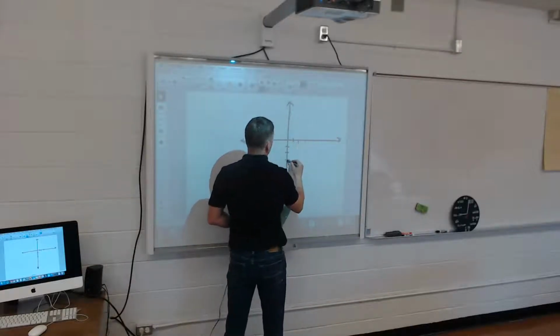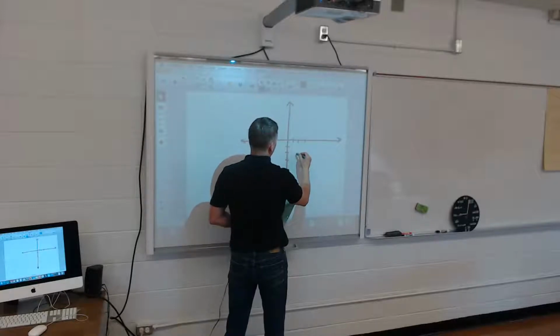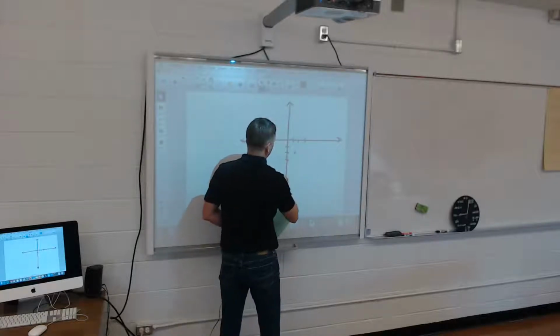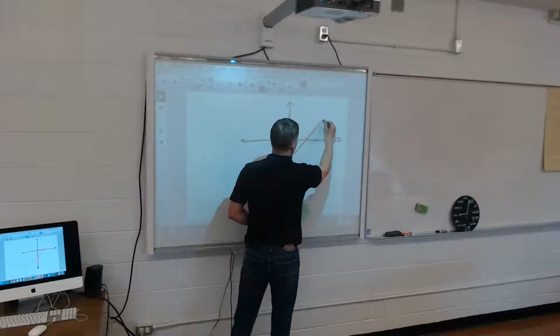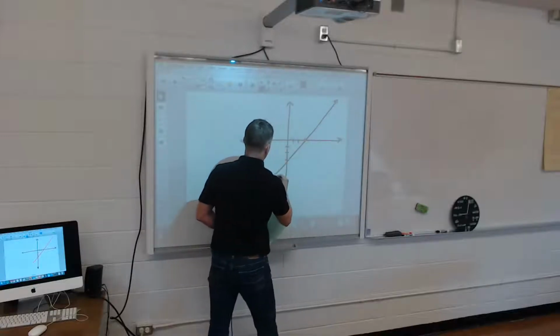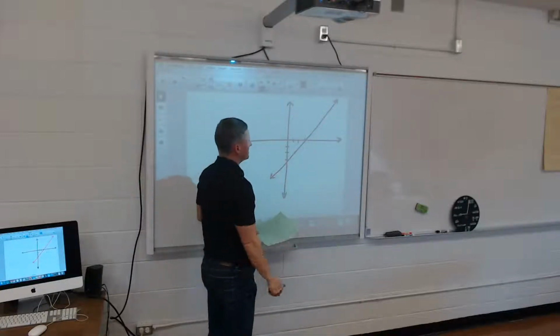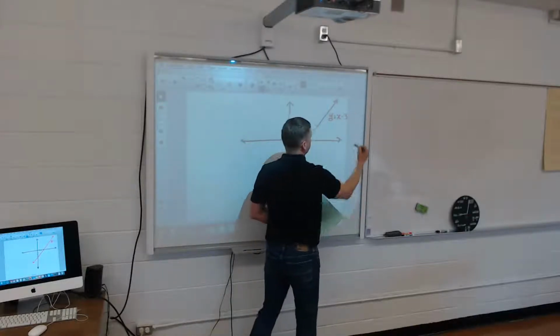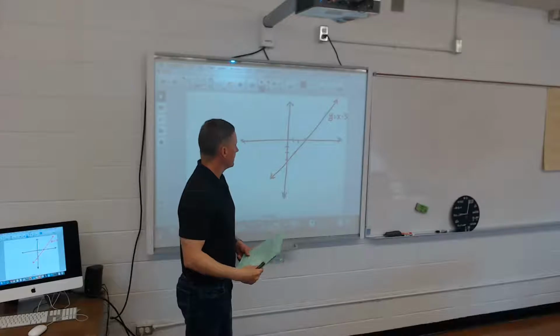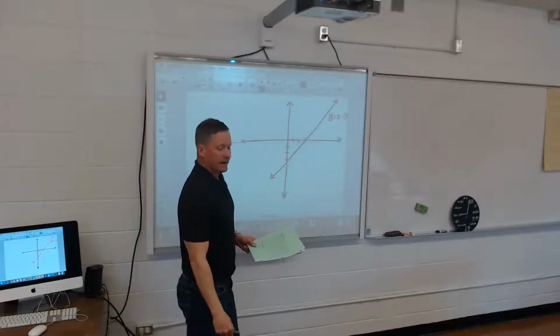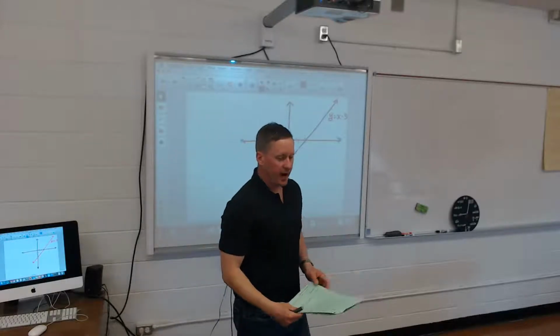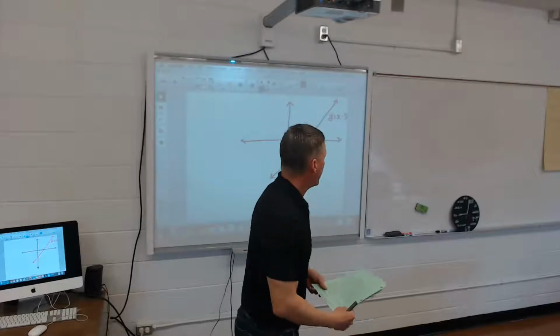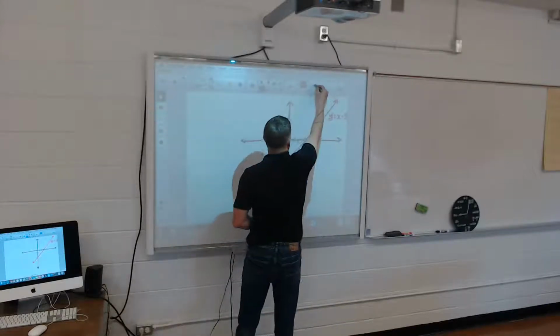So 0 and -3, 1 and -2 comes over here. So this is the graph of y equals x minus 3. All right. And then we understand that with the absolute value, I can't have a negative value, so I reflect it up and out.